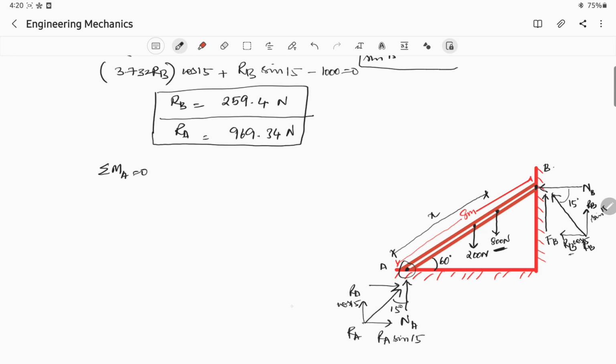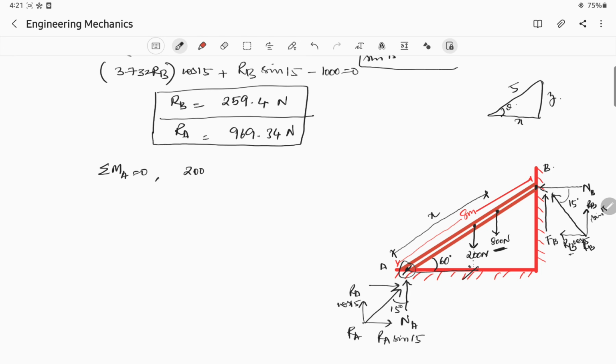If you keep your thumb at point A and see the forces, 200 Newton, what will be the perpendicular distance? The force is going in the downward direction. Always remember, suppose I have this x and y, and we know the hypotenuse, suppose this is 5 meters, and this is theta.